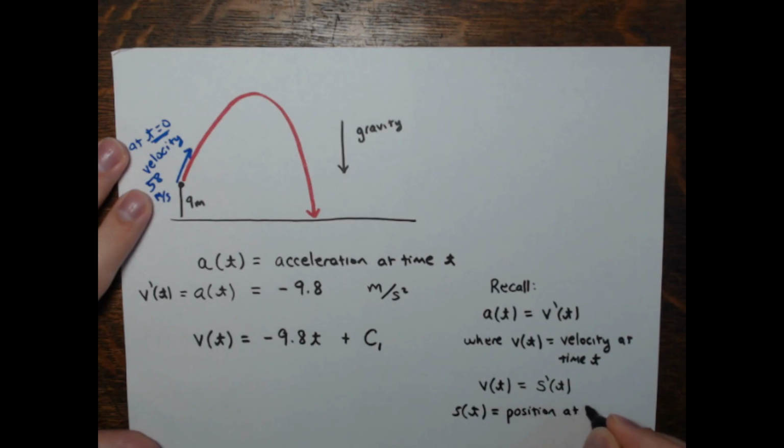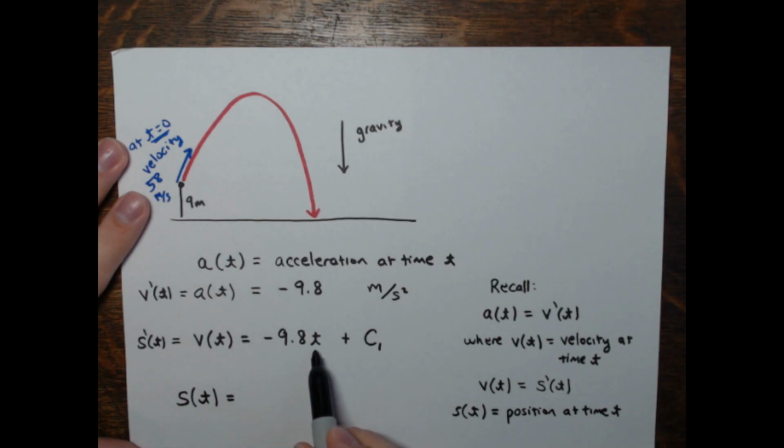And so what we have here is another differential equation, right? We have s prime. Velocity is s prime. s prime equals this negative 9.8t plus some constant. So then to get s, I integrate one more time. So s of t is, integrate this with respect to t.